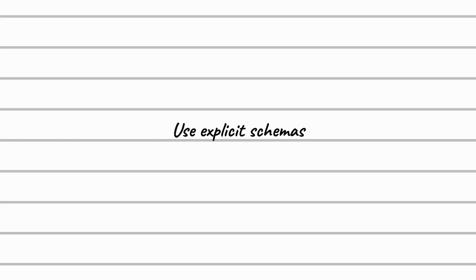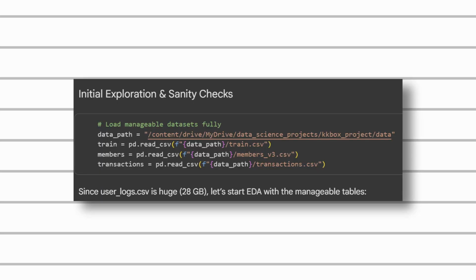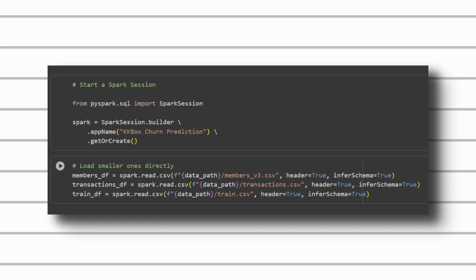Number two is use explicit schemas. In Pandas, read CSV guesses the types. Sometimes you fix the types later, but usually we don't do it. In Spark, we can set the inferSchema attribute equal to true, and it would guess the data types. But if your data is a huge file, this step will slow down your process.